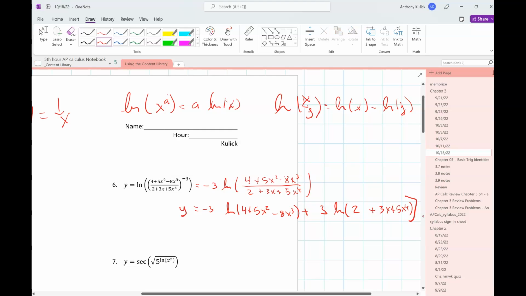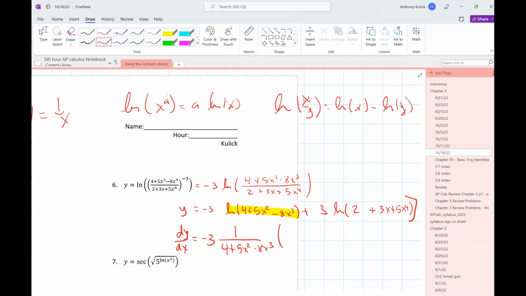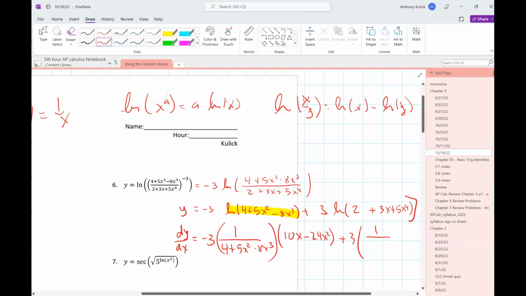And now I'm going to do my calculus step. So this is a single chain rule. The derivative of the outside, the natural log, is 1 over x, and then the derivative of the inside, and then the same rule applies here.